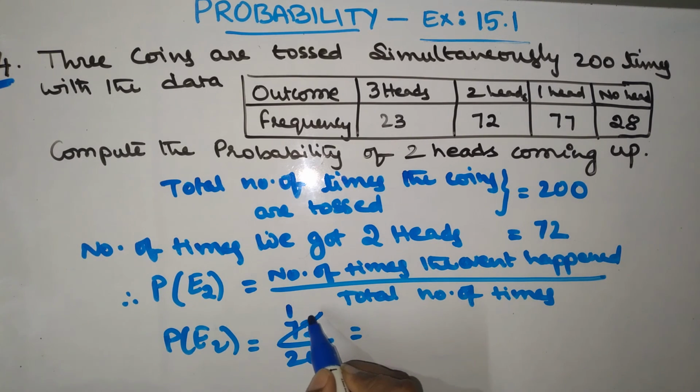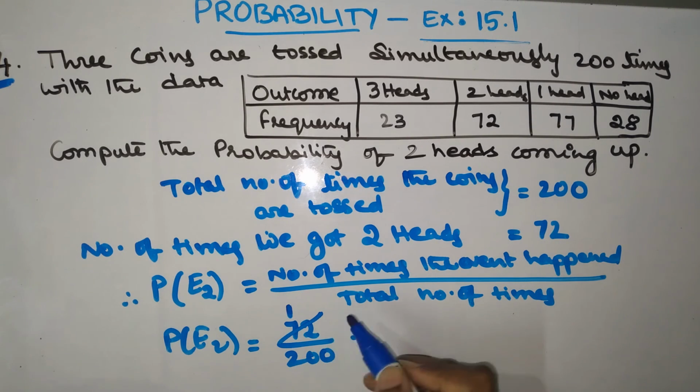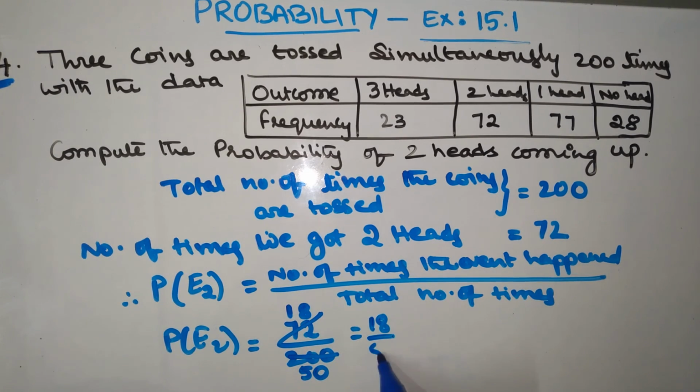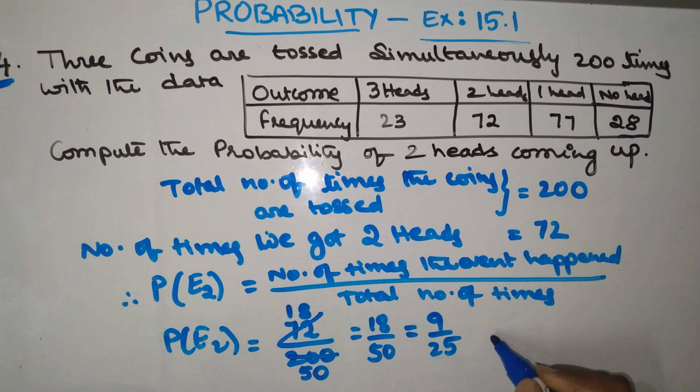How many times 4 will go with 32? 4 8s are 32, and then again 4 5s are 20, so 18 by 50, that is equals to, cancel it out with 2, 9 by 25. Okay, so this is the required probability of getting 2 heads.